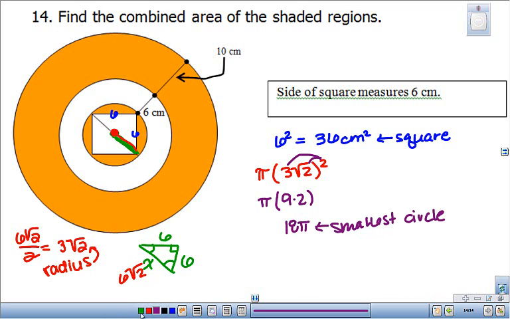Okay, we're going to do the same formula for the larger circle, but notice this distance from the small circle to the outside of this middle one is another 6 centimeters. So instead of just 3 square root of 2, it's 3 square root of 2 plus another 6, squared. Rather than doing this by hand, because this is going to confuse a lot of y'all, I would go ahead and have you get a decimal.